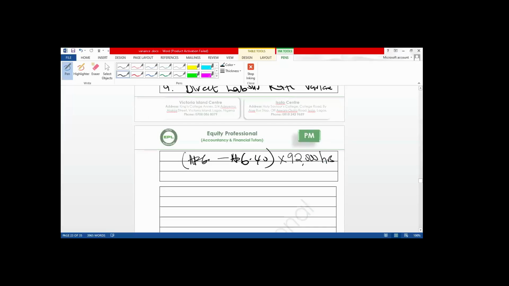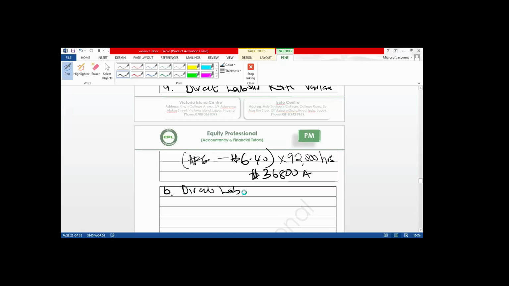This adverse 0.4 multiplied by 92,000. That gave us 36,800 A. Then move to B quickly.